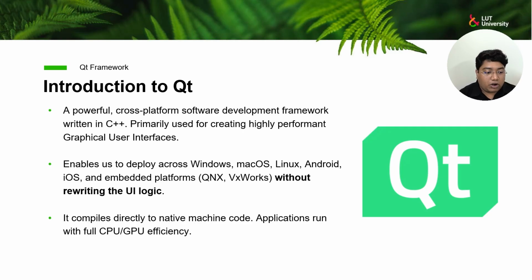Qt solves that problem. You write your interface once using Qt classes, then Qt handles the operating system specific details underneath. The same application can run on Windows, Linux, macOS, Android, embedded devices, and other platforms with very little modification.